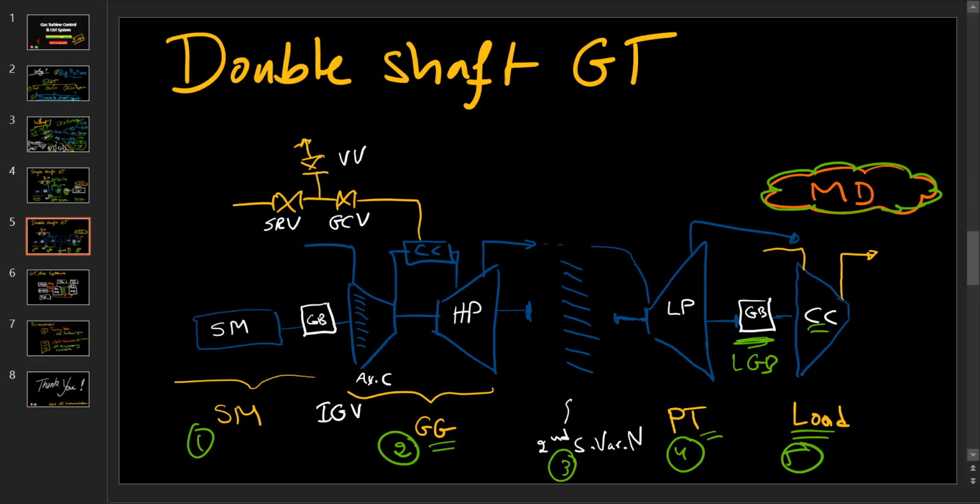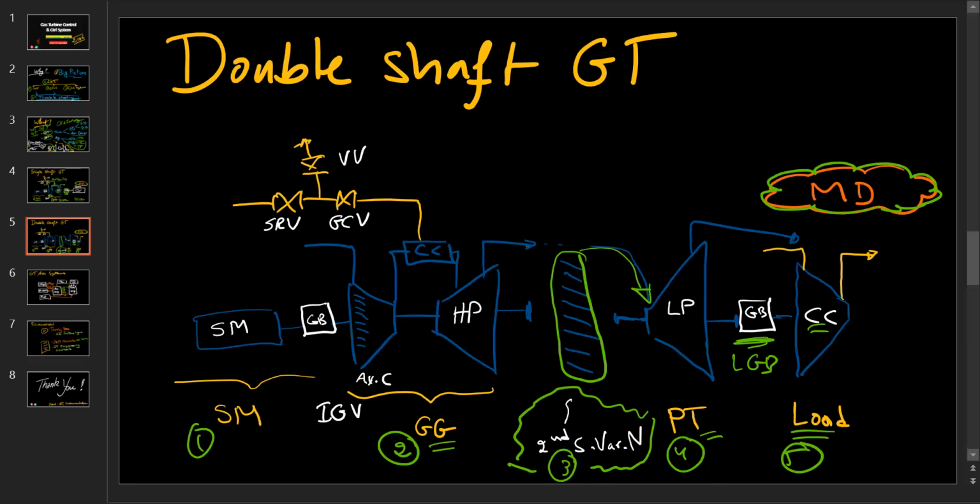And remember what I said in the last video about the second stage variable nozzles, this third component over here. They are used to change the angle of attack, the angle at which the air gets into the blades of the low pressure turbine, the power turbine.